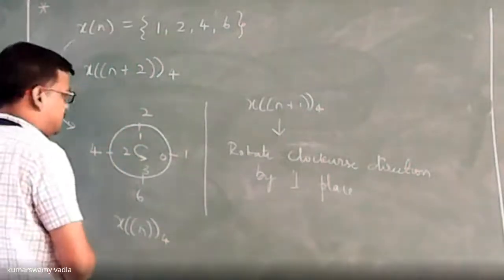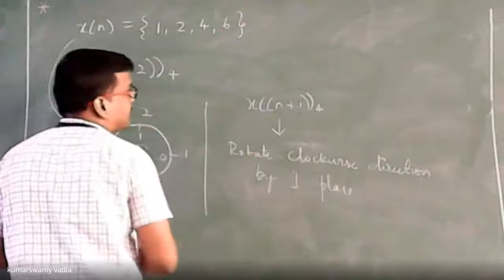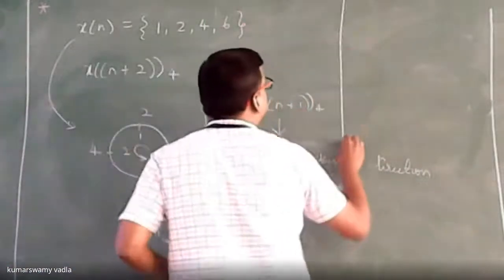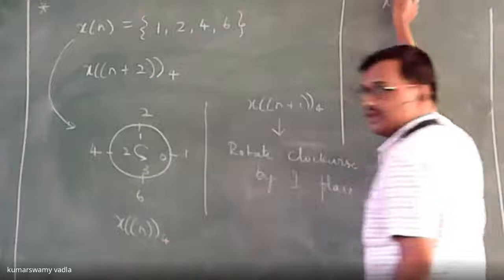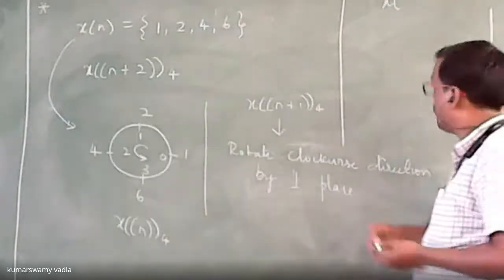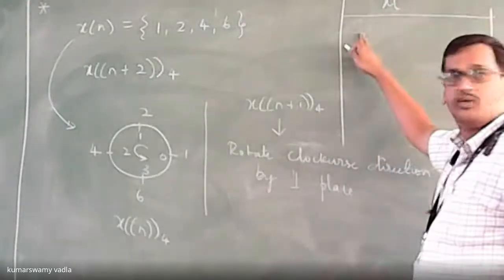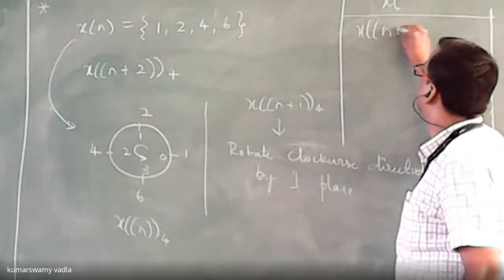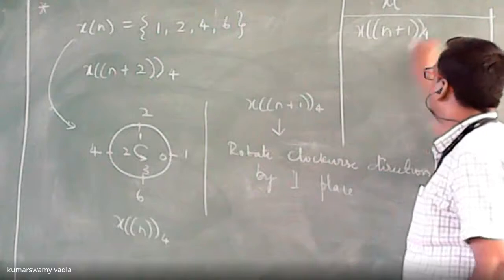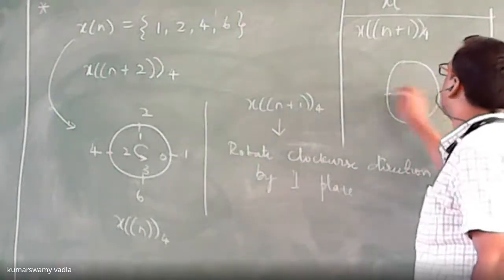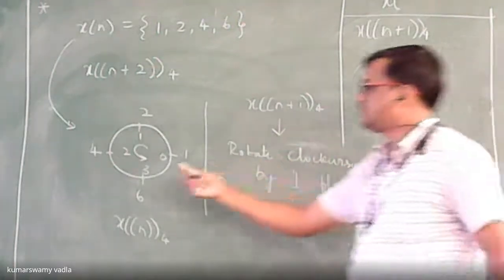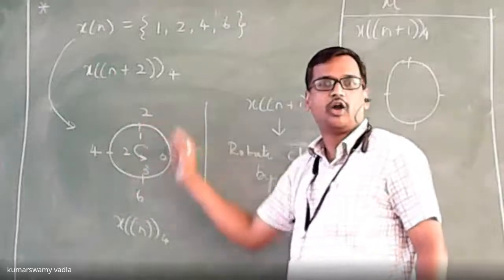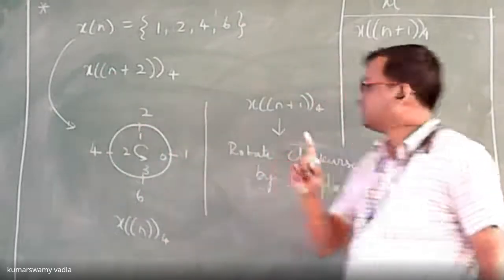So what do you get here, students? X of n plus 1 of 4: you rotate this question clockwise by one place.